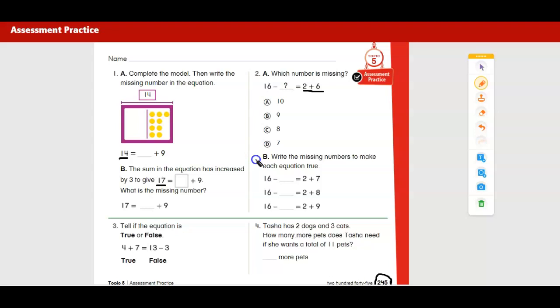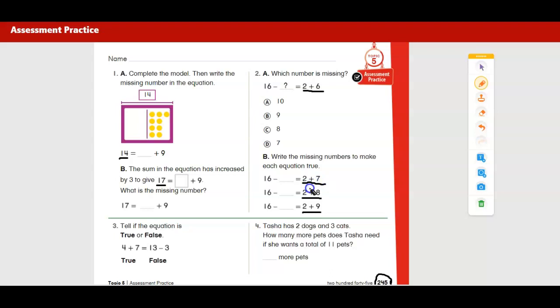On part B, it says write the missing numbers to make each equation true. So now you're doing just what you did in number 2. Just one of the add-ins is changing. So one of these questions is going to be on your test, so please make sure you do it carefully. So to find the missing number, you first have to find out what do you need it to be equal to. So you have to solve these equations first.